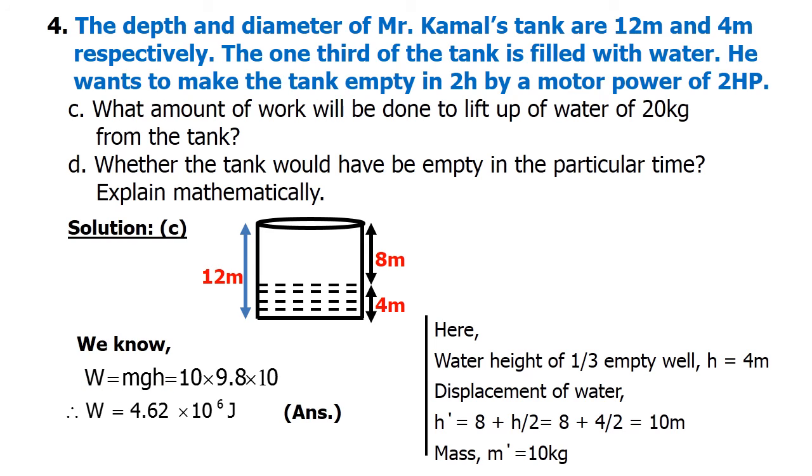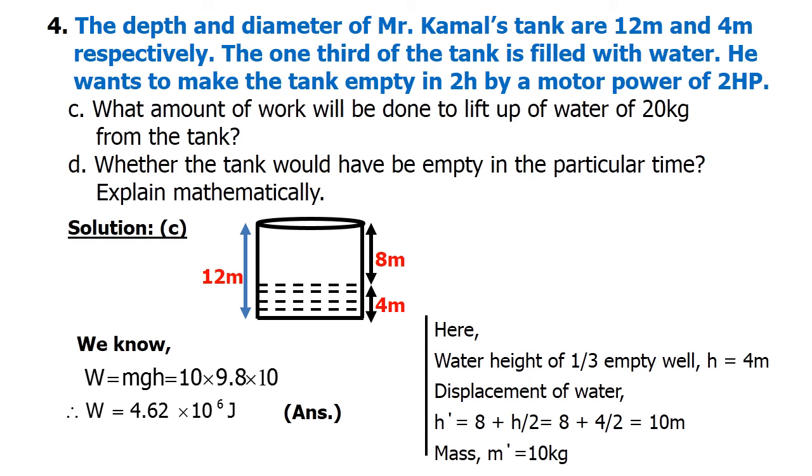So here mass is given 10 kg, and we have to calculate the average displacement of water. That is similar to our mathematical problem question 5.